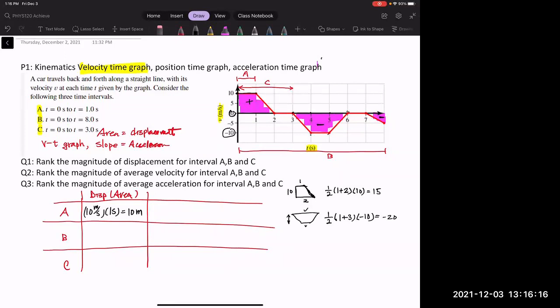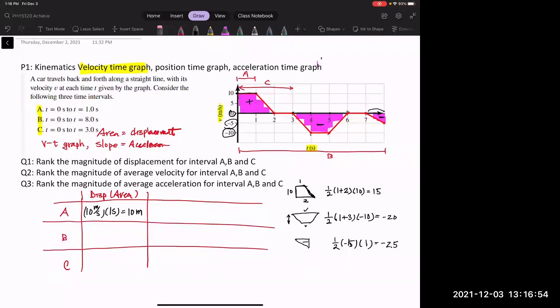The last one is the small triangle at the end, and this is a negative. So that will be -1/2, and based on height, let me make the negative to be the -5 of the speed here. So it's -5 multiplied with, this is 7 to 8, which is 1, and that will be -2.5.